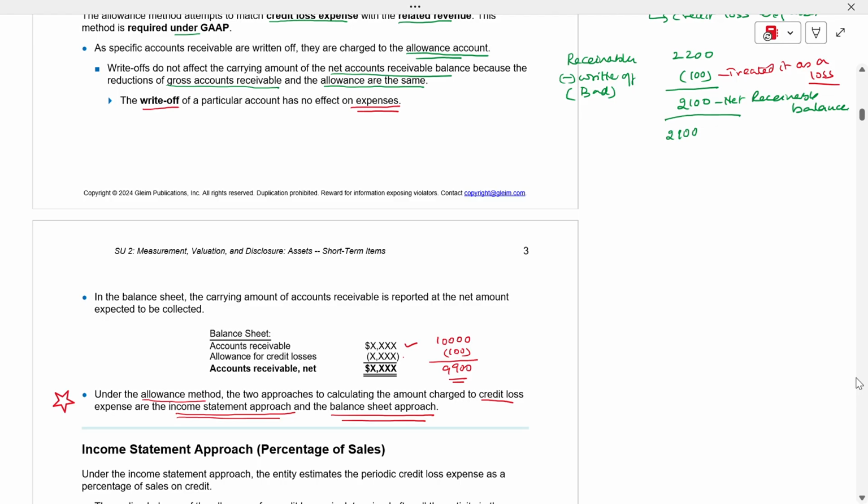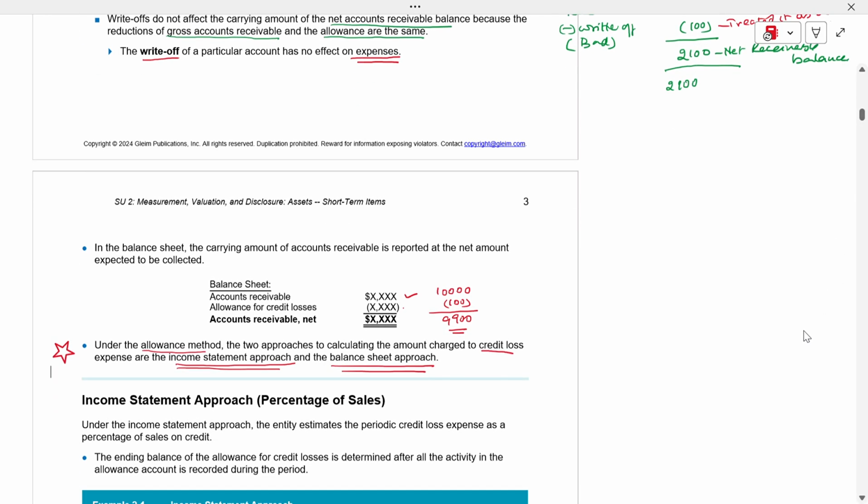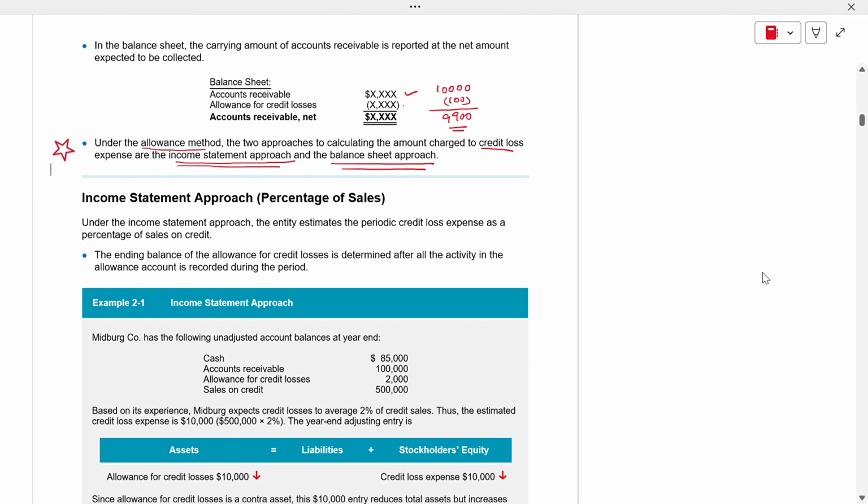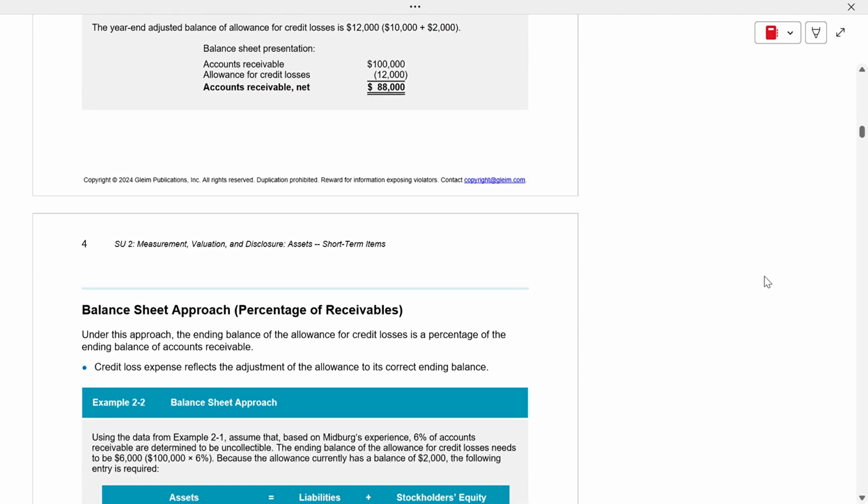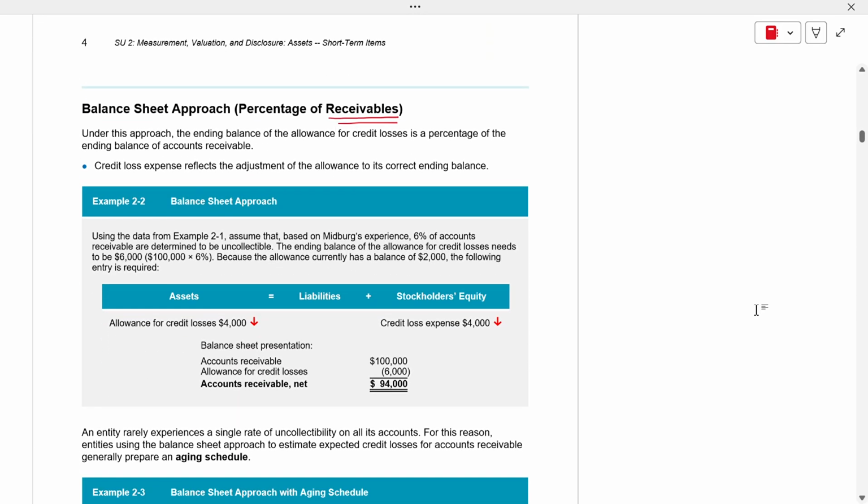Now, when you are doing the income statement approach, what is the way? It is based on the percentage of sales. Simple one. If we are taking the balance sheet approach, it is based on the percentage of receivables.